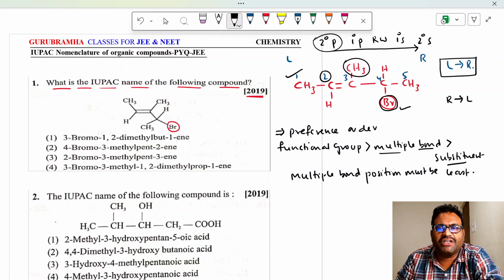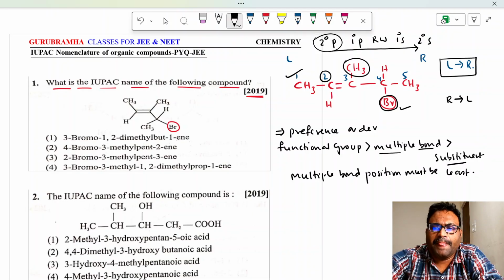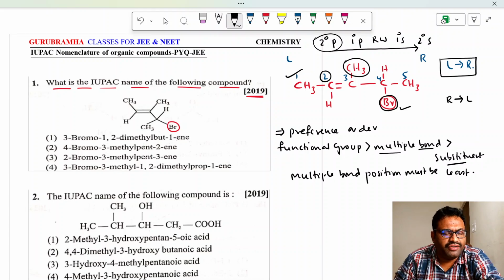So first, the secondary prefix. What is the secondary prefix? Substituent is the secondary prefix. Here what are the substituents present? The substituents present are the methyl group and the bromine atom.